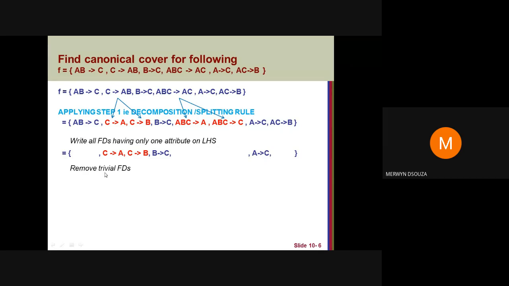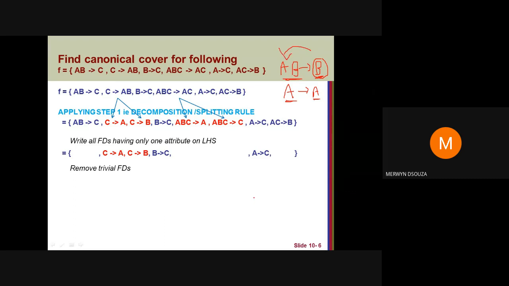Now you're going to remove trivial functional dependencies. If you remember, in the video we learned on functional dependencies, trivial functional dependencies means something like A determines A, where the right hand side is a subset of the left hand side.